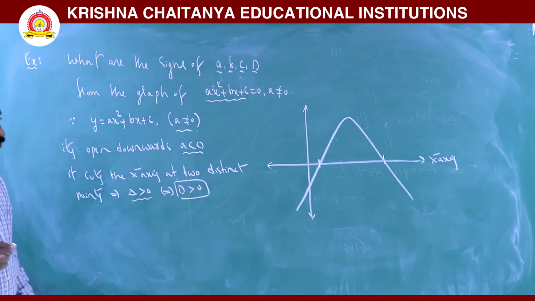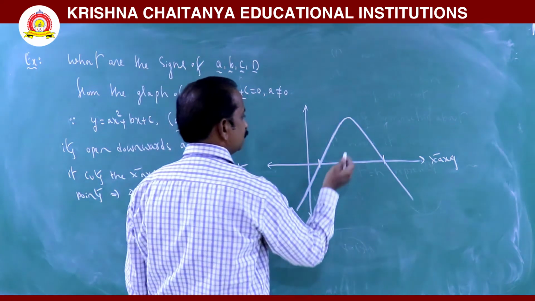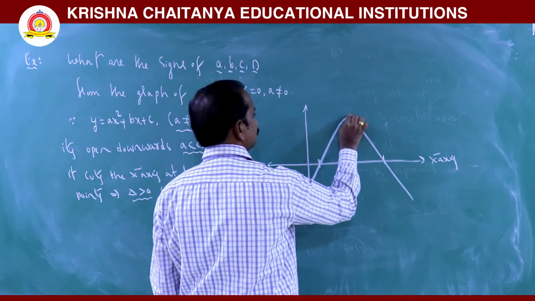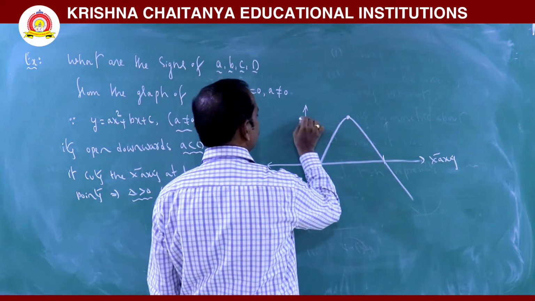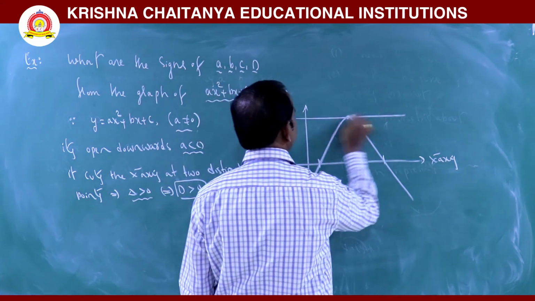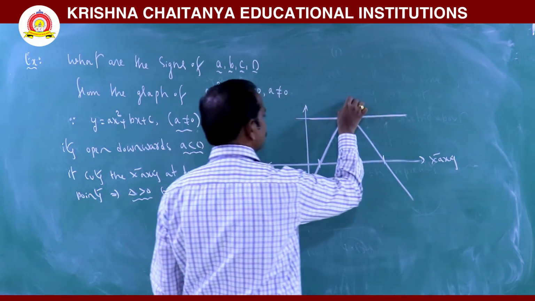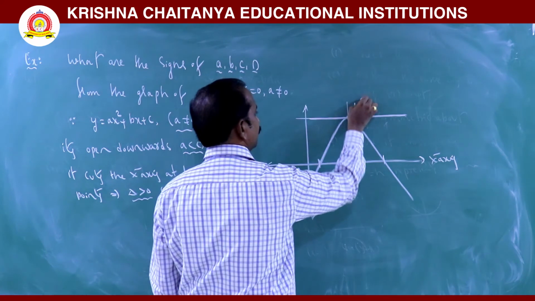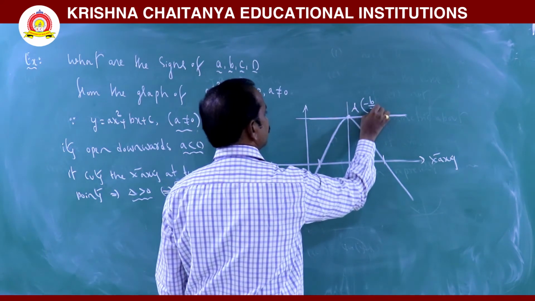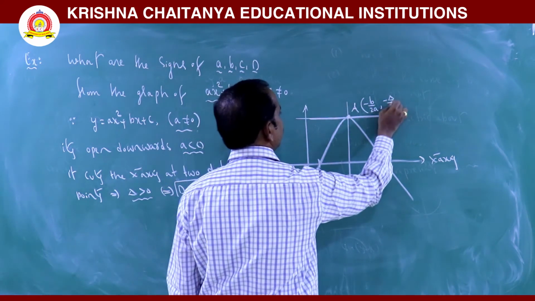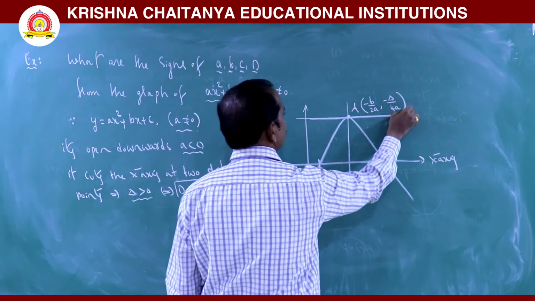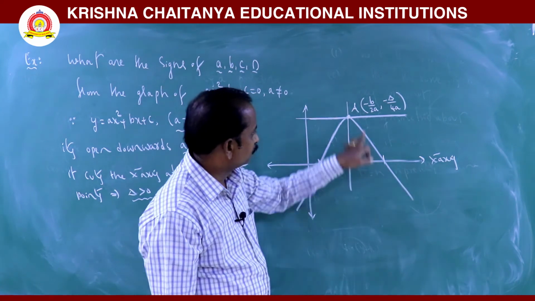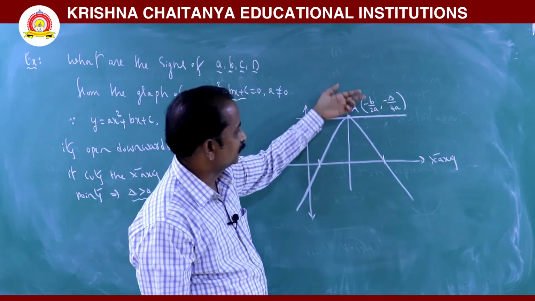Next, come to another one. In this graph, this is the vertex of the parabola. The vertex of the parabola, capital A, is minus b by 2a comma minus delta by 4a. And observe this point is above the x-axis.